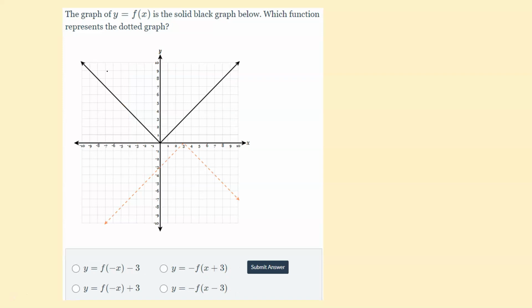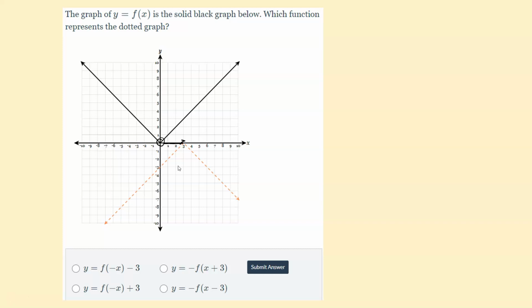Next example: f of x, this time, is the absolute value parent function. So this key point right here, (0, 0), is being translated to the right 3 units, and then we have a reflection over the x-axis.